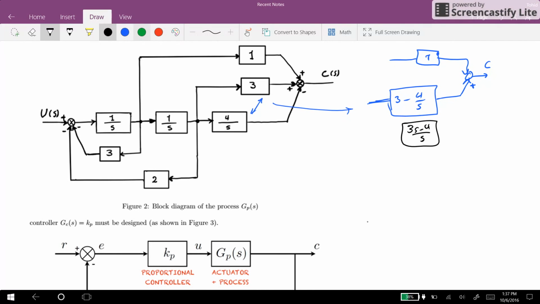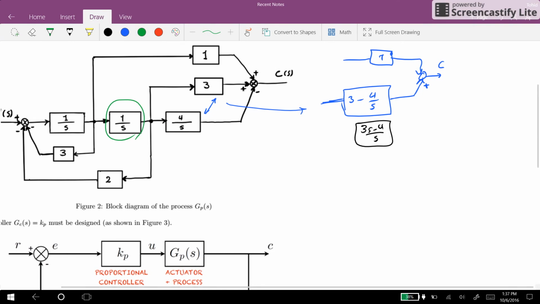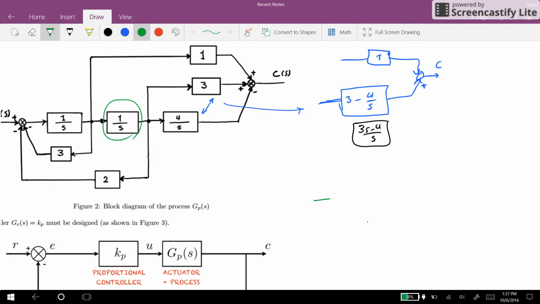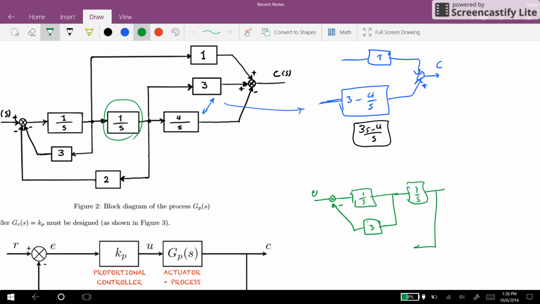Then we have this block here, 1 over S. This could be moved outside. Maybe I will just redraw everything here. So we have the input U, 1 over S. We have 3 with negative feedback, 1 over S, 2 with negative feedback.